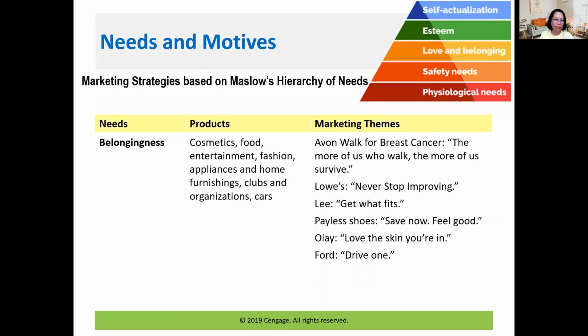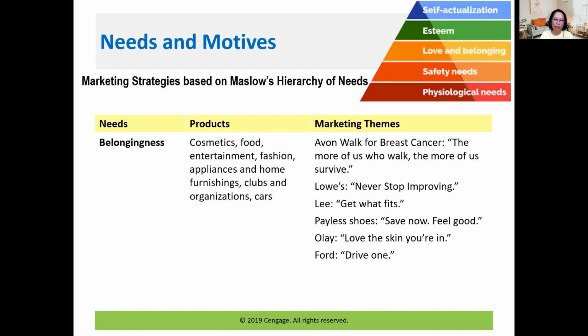Next level is the belongingness need. Sample products could be cosmetics, food, entertainment, fashion, appliances, and home furnishings, or clubs and organizations, or cars, which may promote the feeling of belongingness of a person. Marketing themes could include, for example, for Avon Walk for Breast Cancer, a campaign which says, the more of us who walk, the more of us survive. The word us alone promotes belongingness.